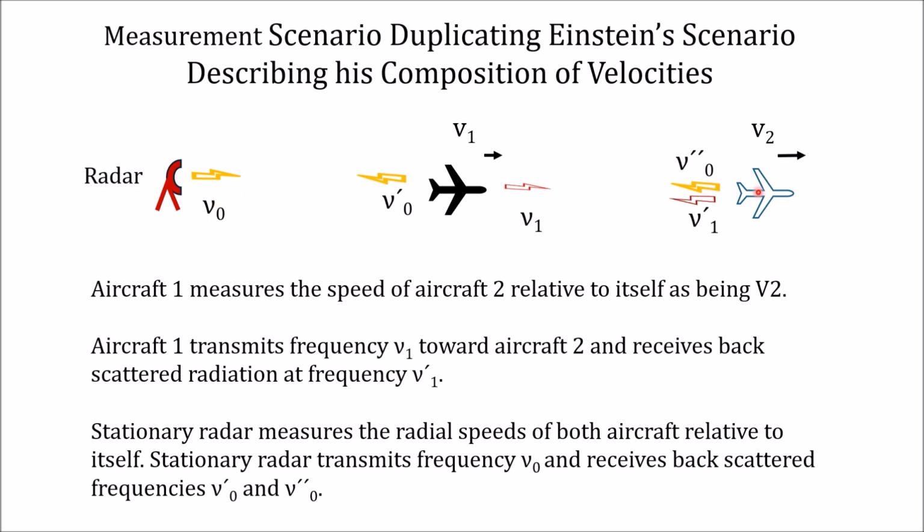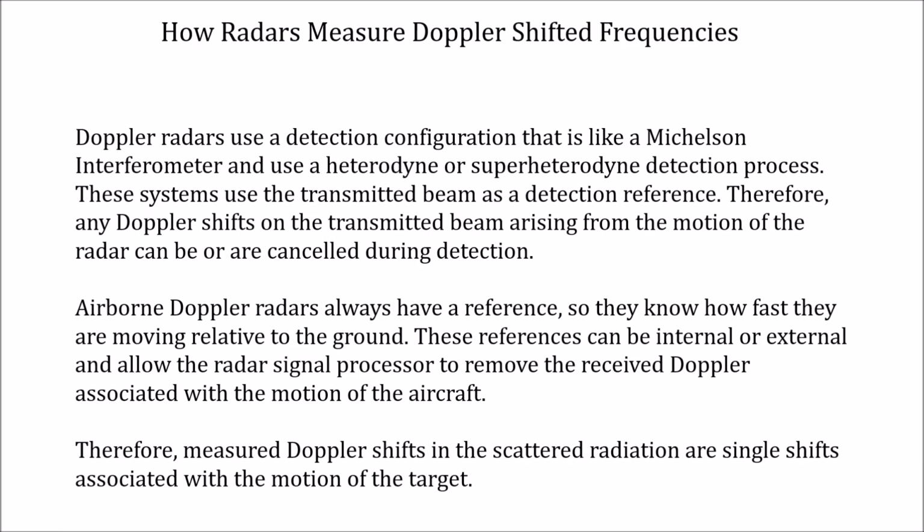So you had a moving object and a moving object relative to a moving object. And that was Einstein's scenario. But that's also what we're going to do. We're going to make measurements and see how a physical measurement by this radar and the results we get compares to the results from Einstein's composition of velocities. Now, to do that, though, we need to understand a little bit about how a radar measures the Doppler shifted frequencies.